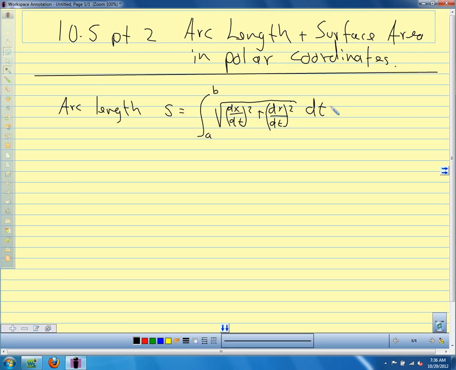So what we're going to do is make the substitution in polar coordinates. x equals r of theta cosine theta, where r is some function of theta, and y equals r of theta sine theta. We're just going to substitute these into this expression.